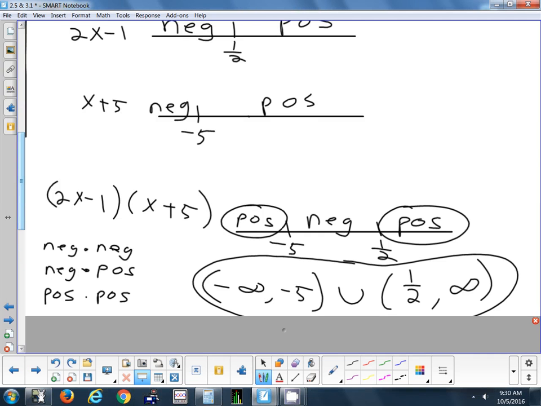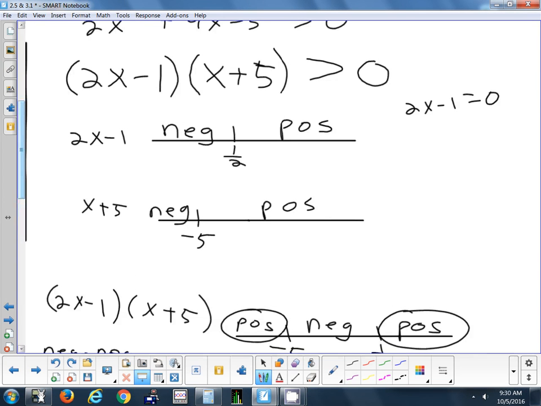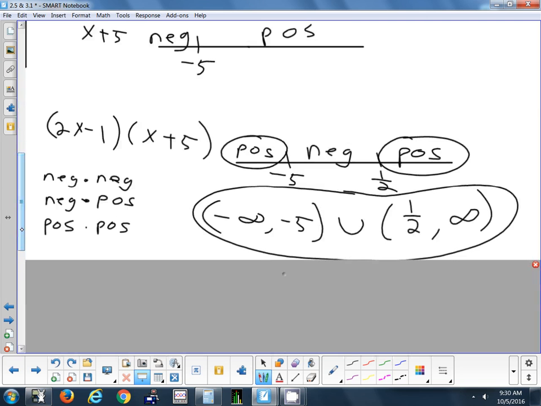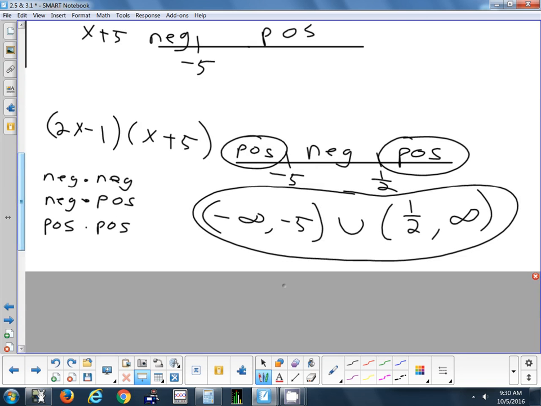Where is blue above red? Well, that's going to happen from here, in this section that I'm trying to make look bolder, to there. And it's going to happen from here on forever. Okay, so there's two sections where the blue is above the red. Everywhere else it's below.